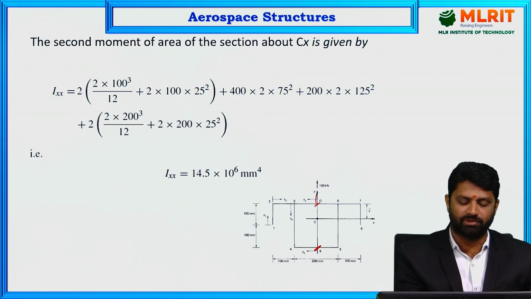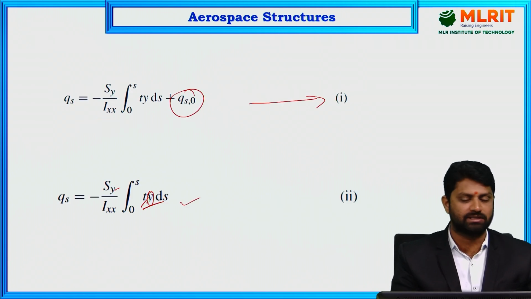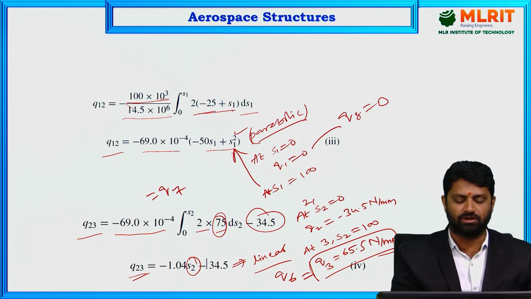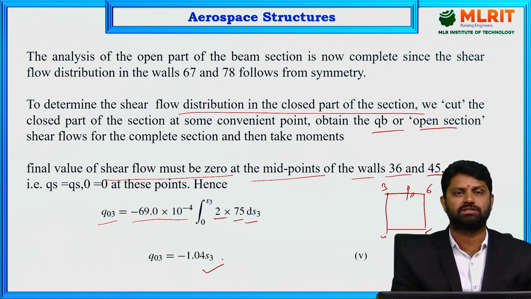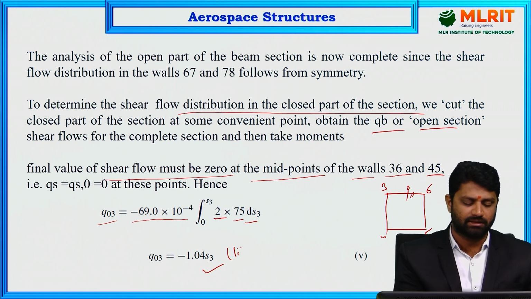S3 is taken from here to here. If you try to substitute for Y, again it is constant, so you can substitute directly 75 mm. Therefore here 2 into 75 into dS3, and you got Q03 equals to minus 1.04 S3. Again you can see clearly that you are going to get a linear curve.